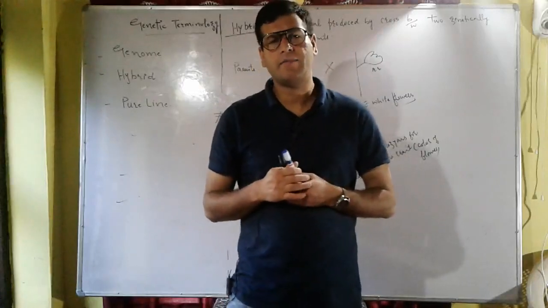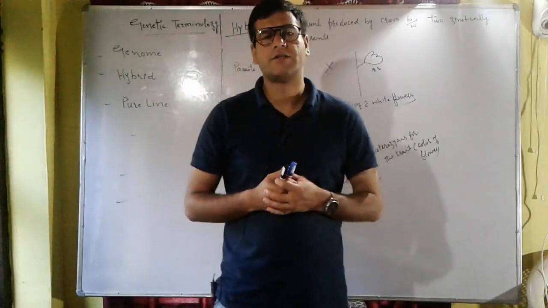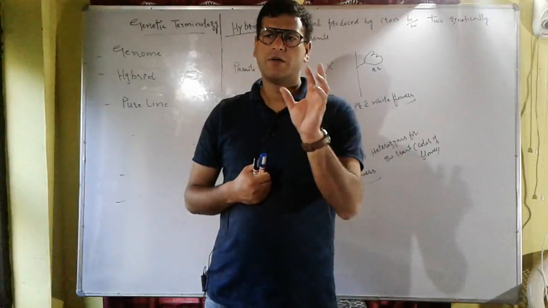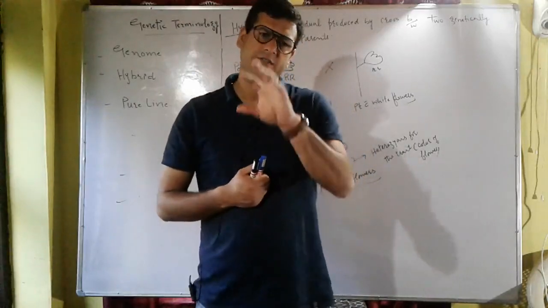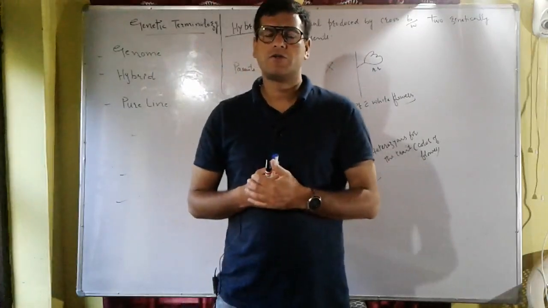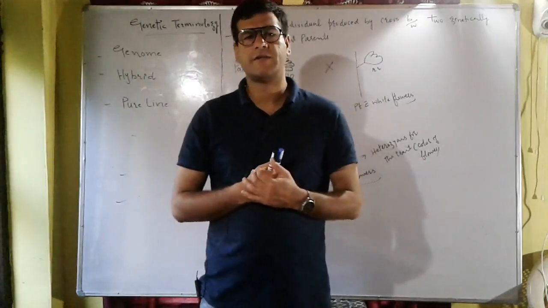And this hybrid has better characteristics as compared to its parents, because we get the genes from both the parents in the hybrid, and obviously it would have superior characteristics compared to the parents. This is what is called hybrid vigor.